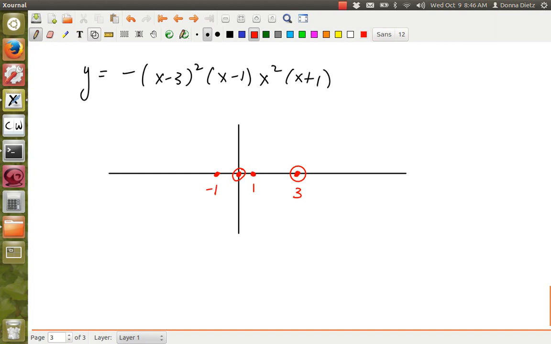Now I'm not starting up here because there's this leading coefficient of negative 1. So I'm going to start down here, hit this bullseye but turn around. But I do have to dive through at 1, and then I have to do this little turnaround here and down.